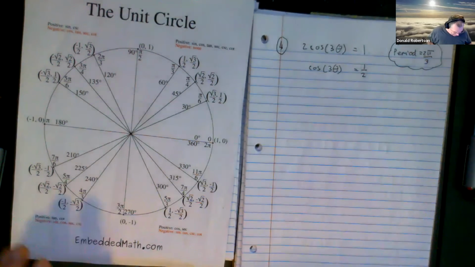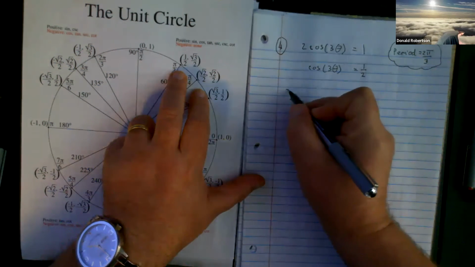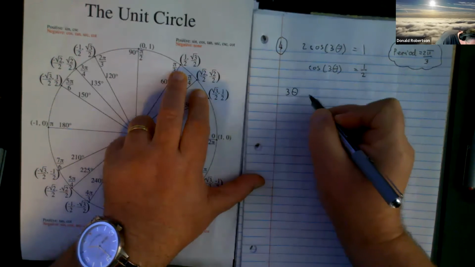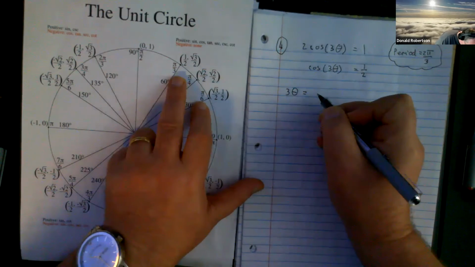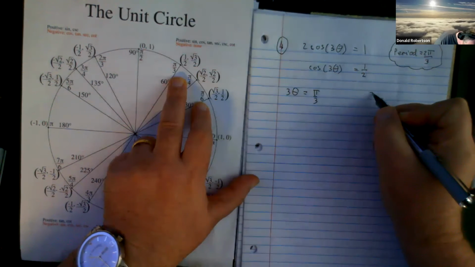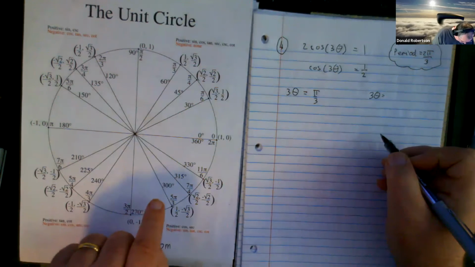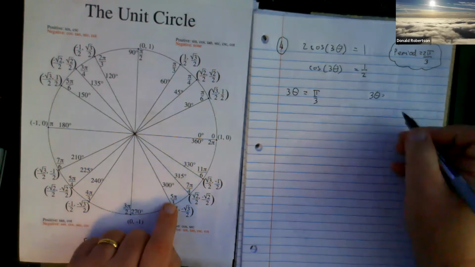Well, just did that a minute ago. And now a little difference, just a little. 3 theta is going to be that angle, pi/3. And another possibility is that it's going to be 5/3 pi.